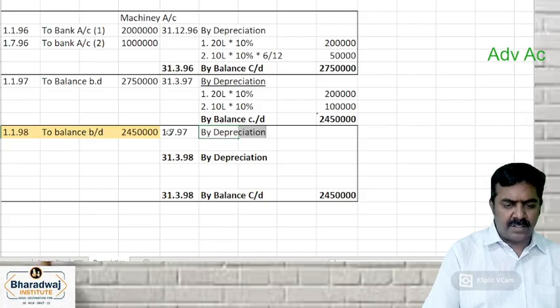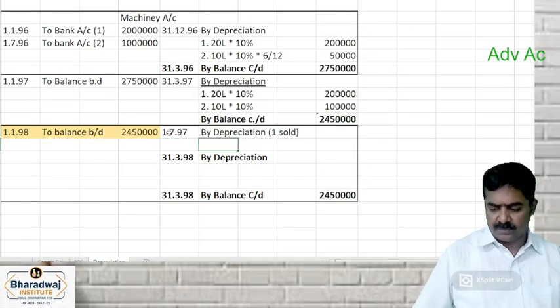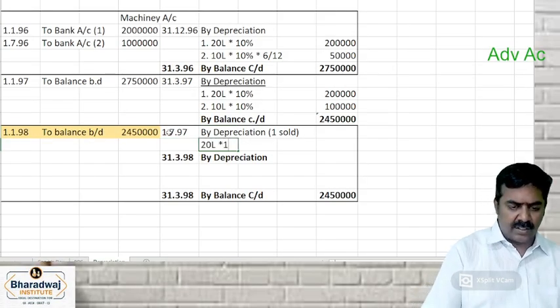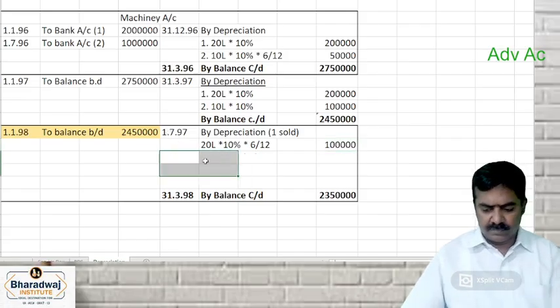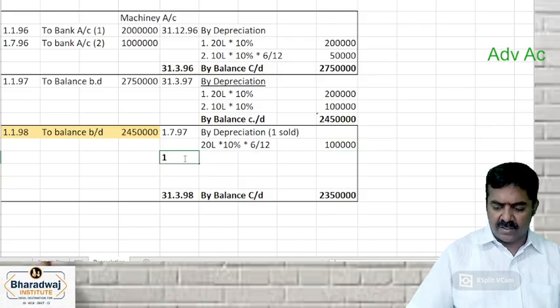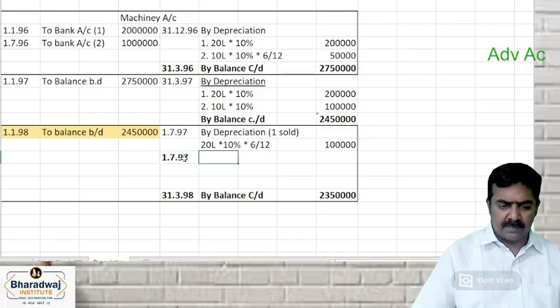By depreciation for the first machinery sold. How much depreciation will come? 20 lakhs into 10% for how many months? 6 months. We are selling on 1/7/97, so you have to charge depreciation up to the date of sale.